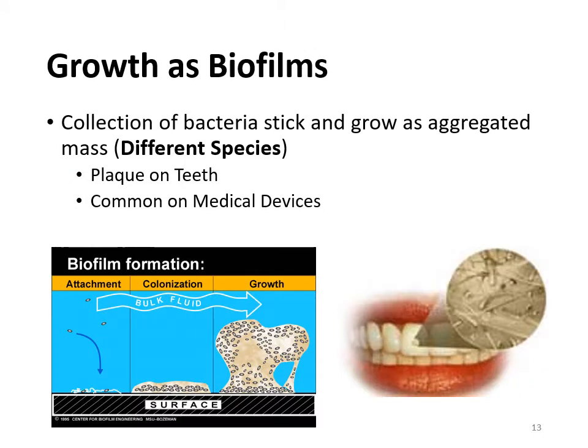Now, beyond the requirements for growth, you have to think about the ways in which bacteria or microbes grow. One way that some of them grow is as biofilms. When you hear the word biofilm, there are two things I want you to remember.